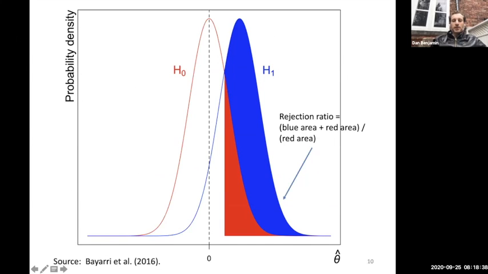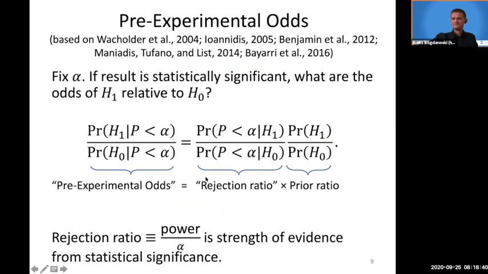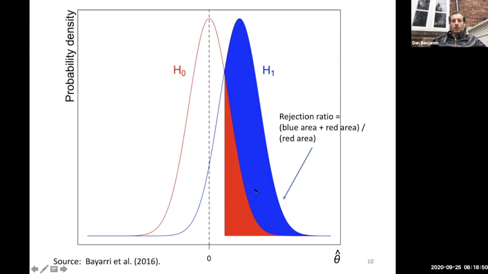So let me show a picture for what this rejection ratio is. So remember, this is the relative likelihood of a statistically significant result under the alternative relative to the null. So here's a way to think about it graphically. What I'm showing you here on the x-axis is estimated values for our parameter, what I'll call theta hat, and the y-axis is probability density.